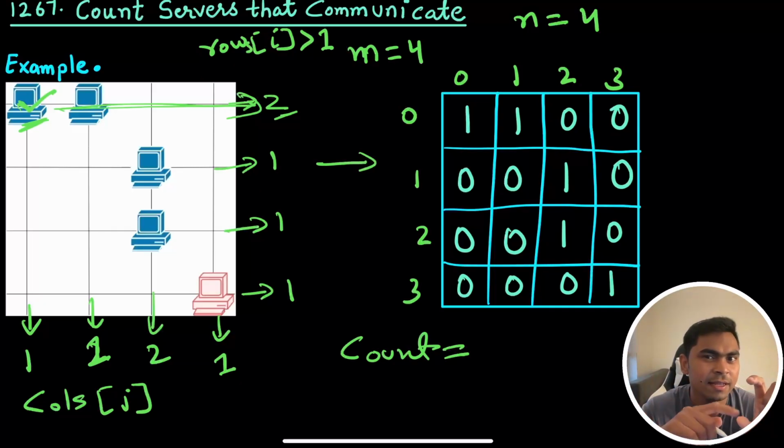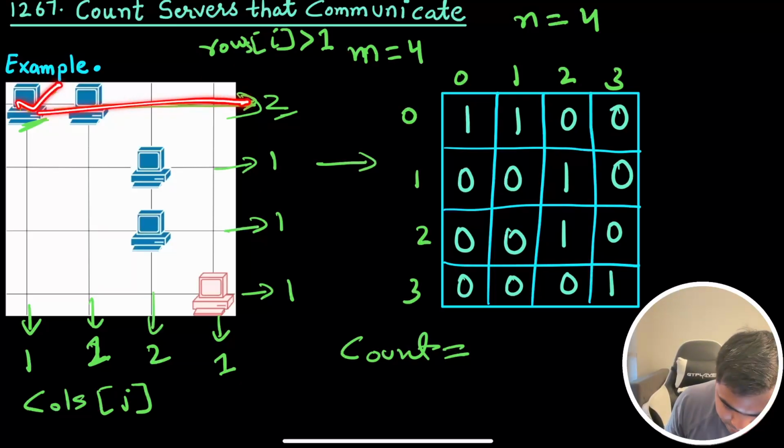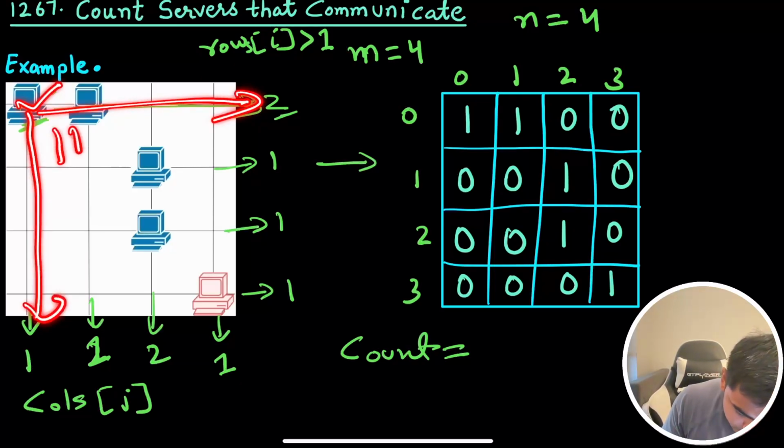So 1 cell is part of 1 row and 1 column, and we're going to check, given that this cell is already a 1, this is a server, if either this row or this column has a value that is greater than 1. So this is what I'm talking about. It's an or sign, I'm just trying to draw the or sign here.